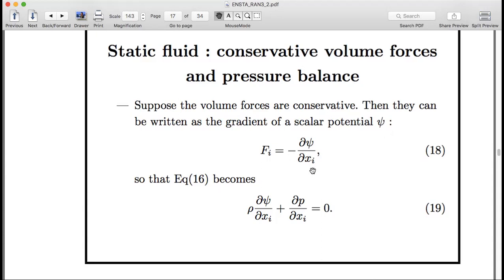I don't want to scare you with it, but technically it means that if the work done by the force in a closed path is zero, then it's a conservative force.